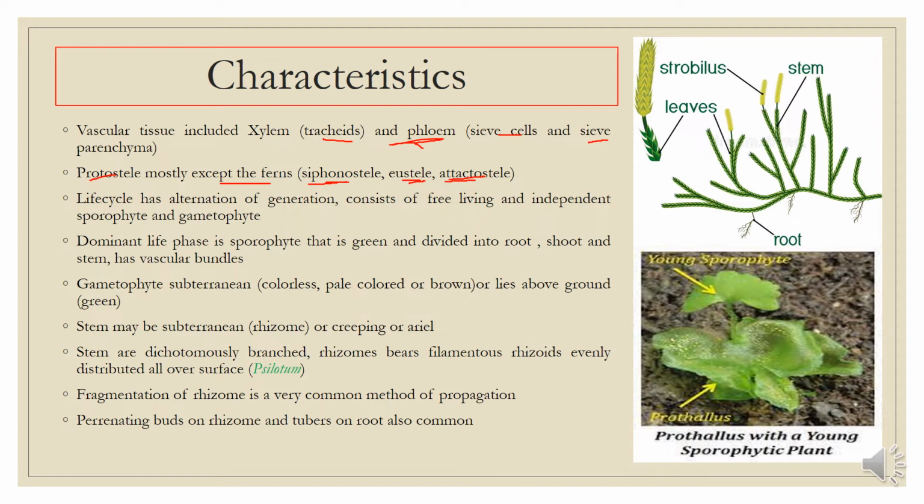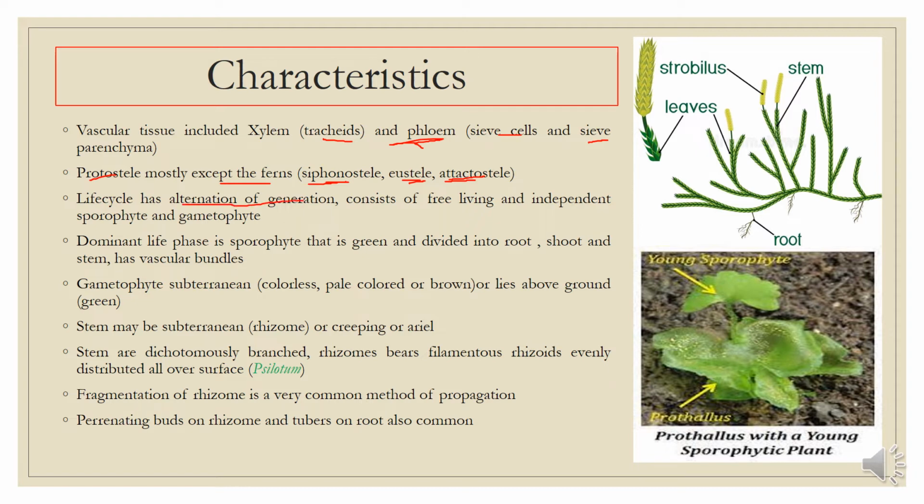This is because in other types of pteridophytes, for example Lycopodium, Selaginella, Psilotum, the leaf trace does not have any leaf gap. But in ferns, the leaf trace has leaf gaps, and due to the presence of leaf gaps, the stele appears much divided.